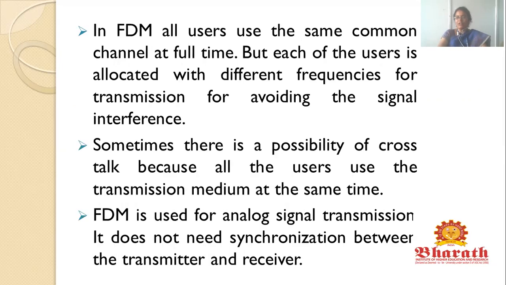In FDM, all users use a common channel full time, but each user is allocated a different frequency for transmission to avoid signal interference. Even so, there is sometimes a possibility of crosstalk because all the users use the same transmission medium at the same time. FDM is used for analog signal transmission, and it does not need any synchronization between the transmitter and the receiver.